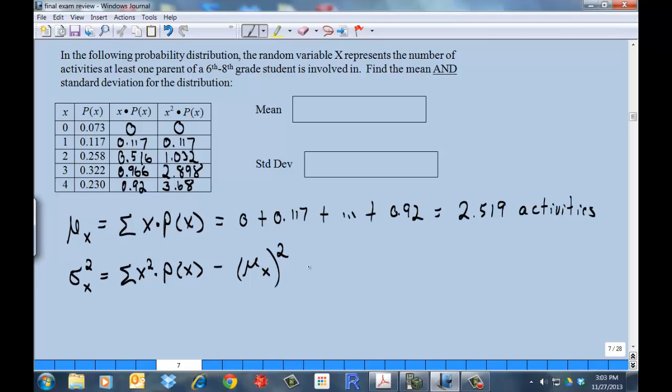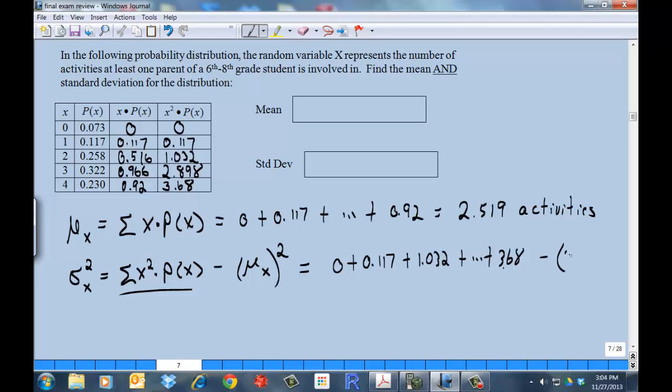Okay, so let's get this first part here, and that's going to be the total of this last column. So 0 plus 0.117 plus 1.032 plus 2.898 plus 3.68, and then we're going to subtract the mean squared.